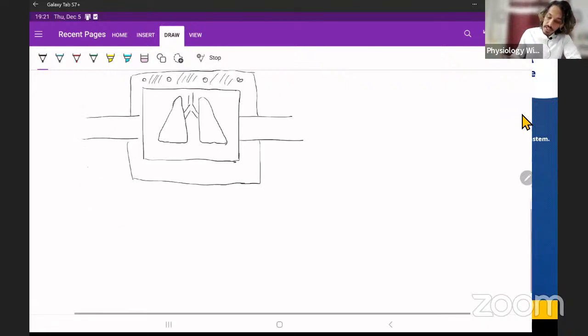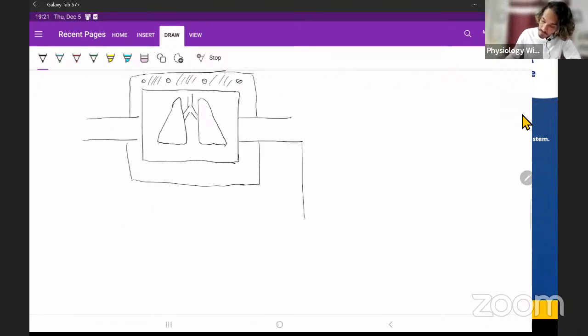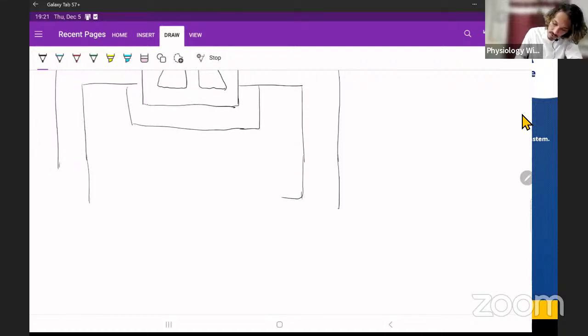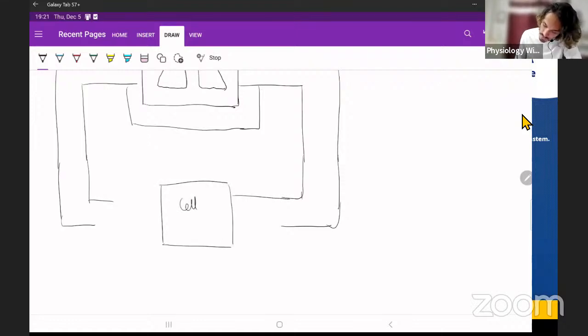Now, what does this essentially do? The whole point of your respiratory system is to make sure that your blood is getting oxygenated and goes into a cell. You need to give oxygenated blood.